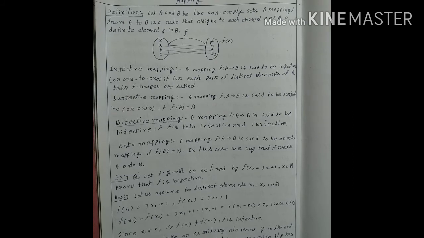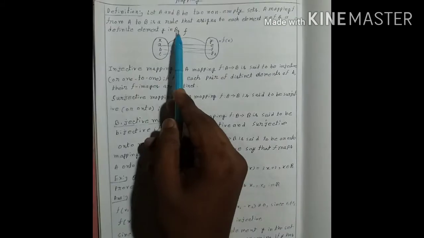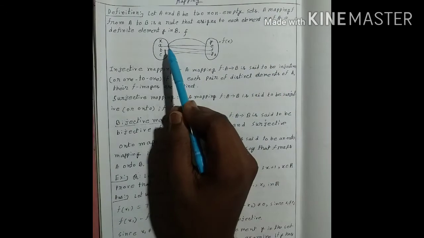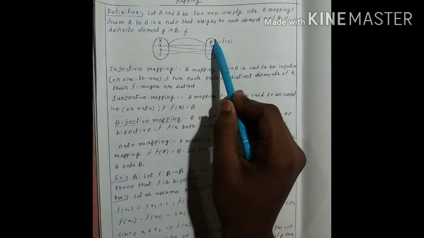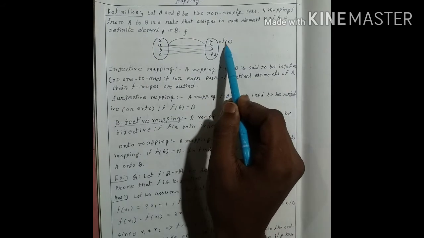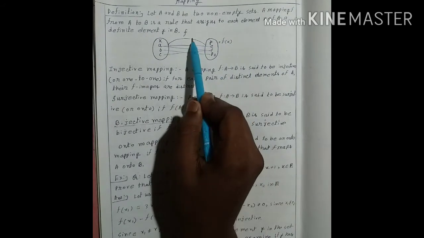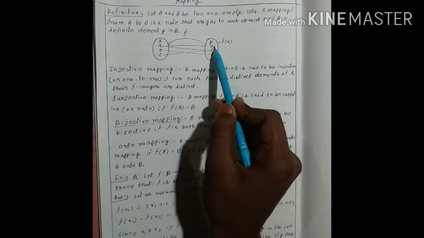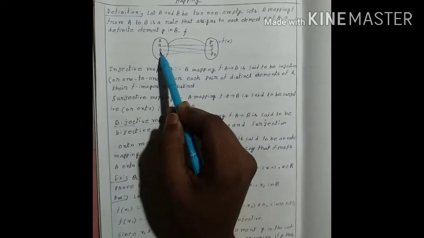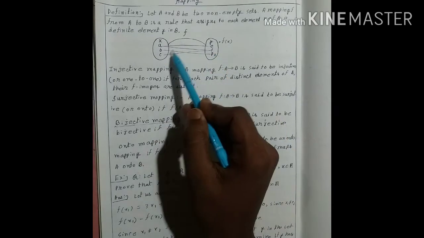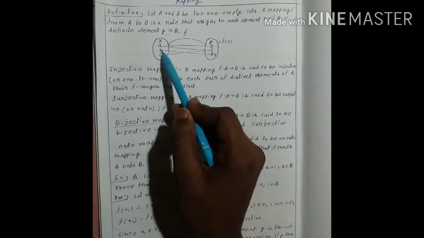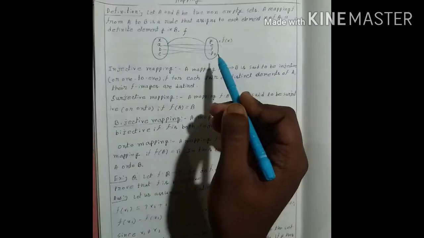A mapping f from A to B is a rule that assigns to each element x of A a definite element y in B. Okay, as you can see, we can write y as f(x), where f is the mapping. A maps to e or f, b maps to g, c maps to f, or b can map to e. It can happen.